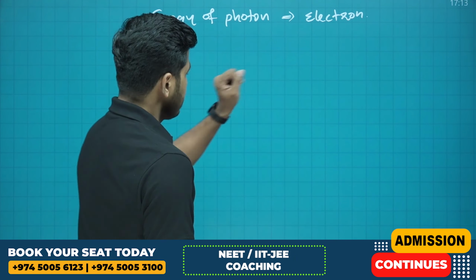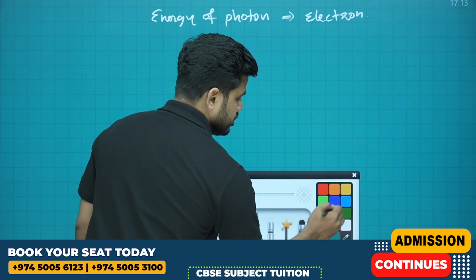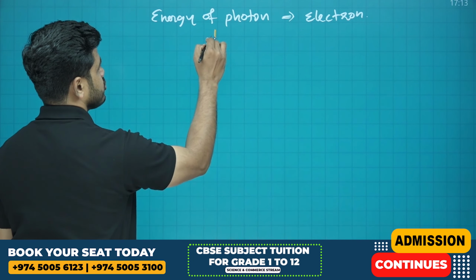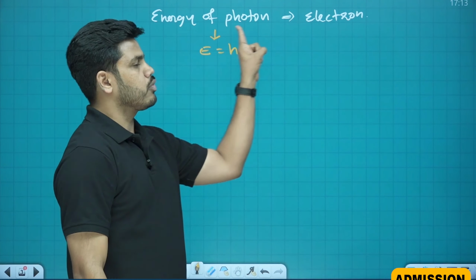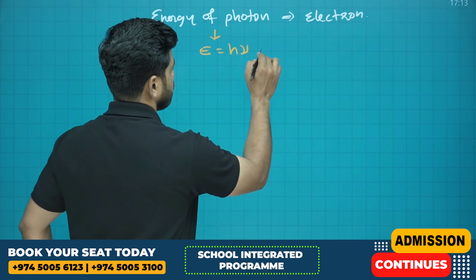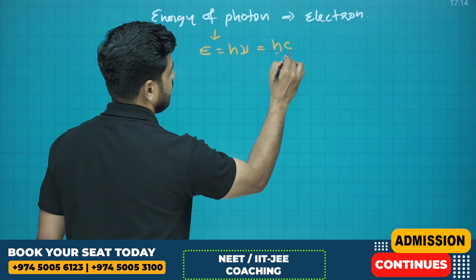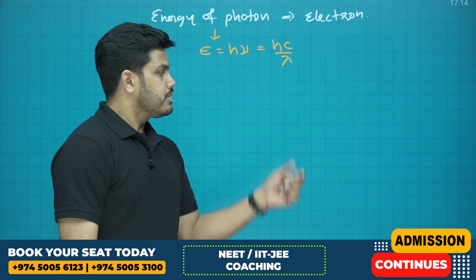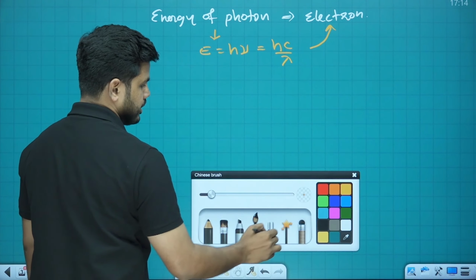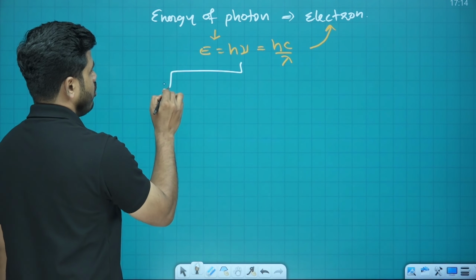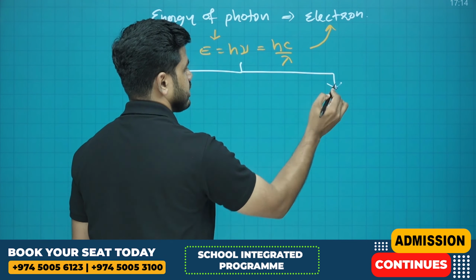That is what happens. He says that the energy of incoming radiation, denoted by E, is equal to h nu, where nu is the frequency of that radiation, which can also be calculated as hc by lambda. That energy is given to the electron. Then the electron will use that energy for 2 purposes. One is to be free from the metal surface.